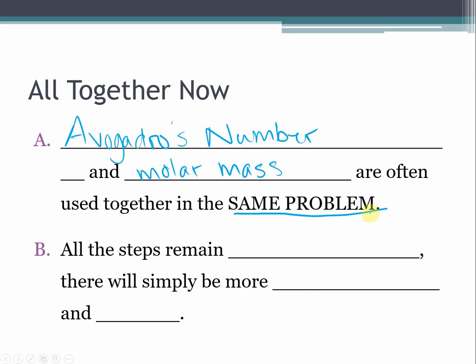In fact, it's pretty common to use them in the same problem. So when this happens, all the steps are going to remain the same. All the same rules still apply. Start with what you know, times a fraction, what goes up must come down. It's just that they're going to be more fractions and more units.